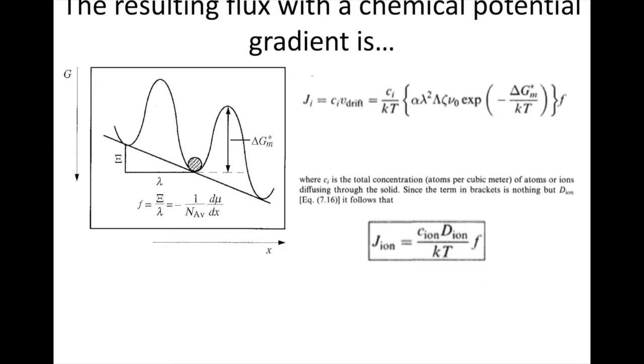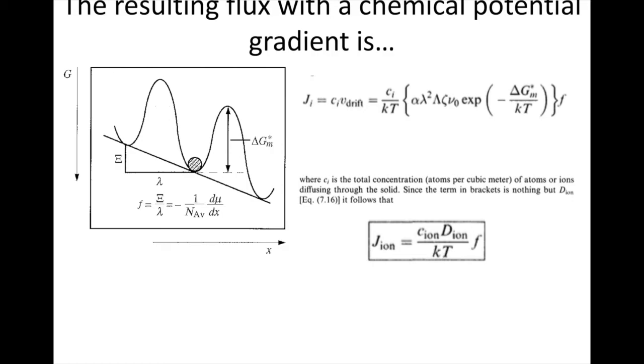The flux here is the concentration times this drift velocity. When I use this drift velocity, this is the average drift velocity. All this is the jump rate that we talked about times the jump distance. So I kind of skipped a step there, but drift velocity is the jump rate times the distance.